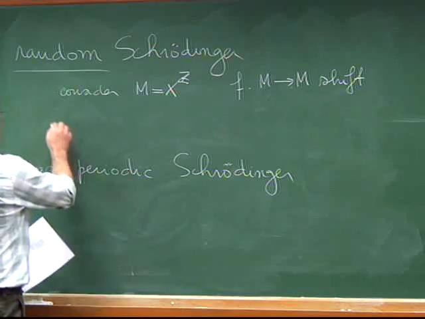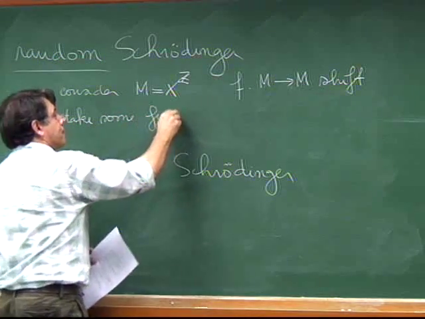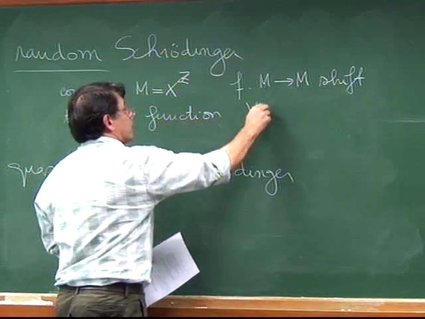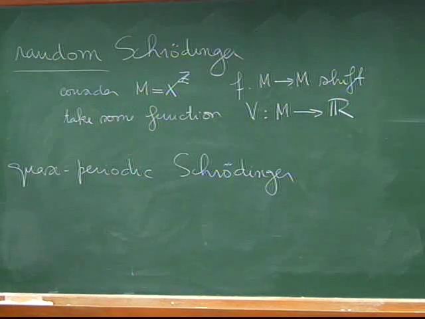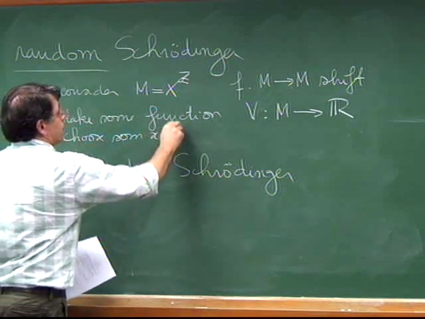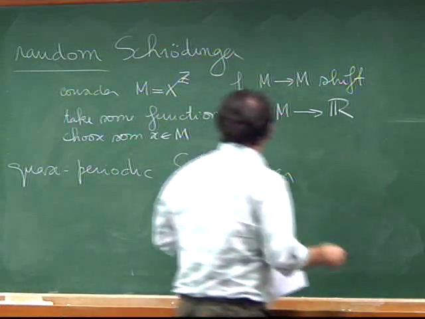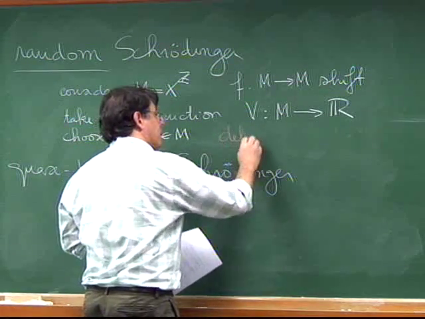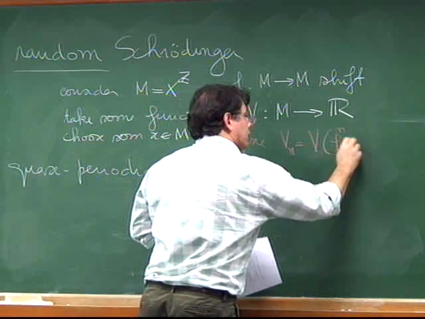And then you take some function V from M to R, choose some x in M. And then you define V_n to be V calculated at F^n of x.